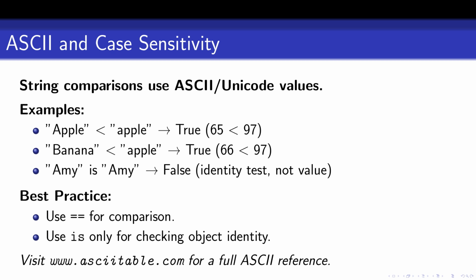To avoid logic bugs, make sure you're comparing normalized strings, either by converting both to lowercase or uppercase. And remember, the is keyword should not be used for comparing string values. It only checks whether two variables point to the exact same object in memory. For actual string content comparison, always stick with ==. You can refer to an ASCII table to better understand how characters are ordered and how comparisons are evaluated internally.